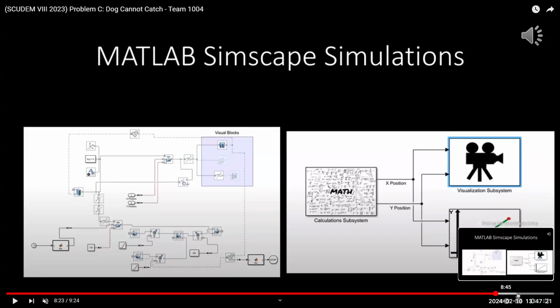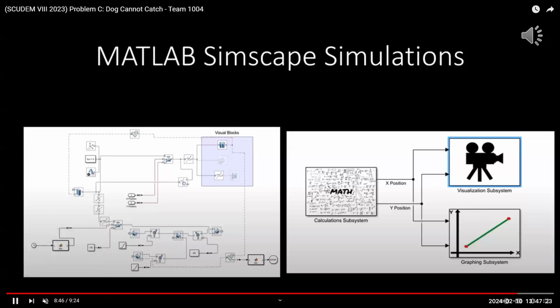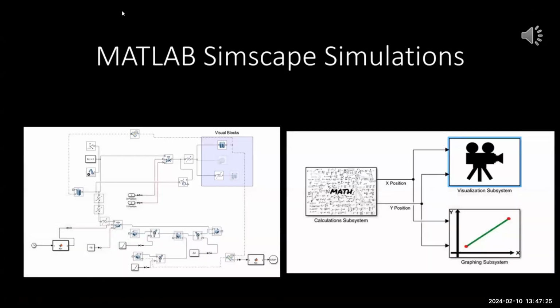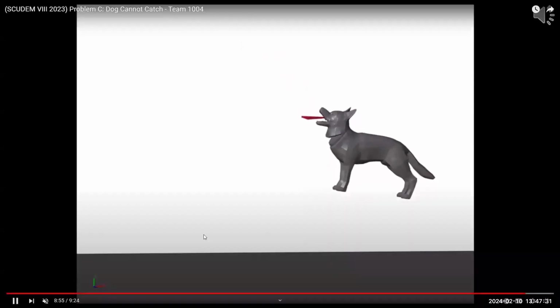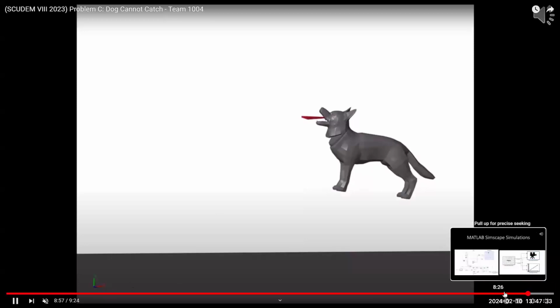And when you combine it all together, you get an end product that will look something like this, where you have a shape like a slice of pizza jumping in the air and a dog's mouth catching it. And this was really what I like to hone in on, because this is what makes our project different from a lot of others.